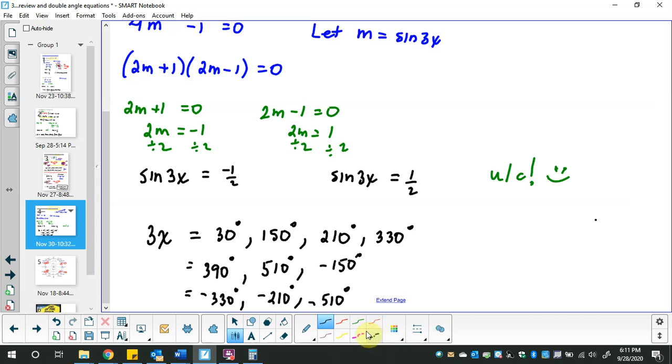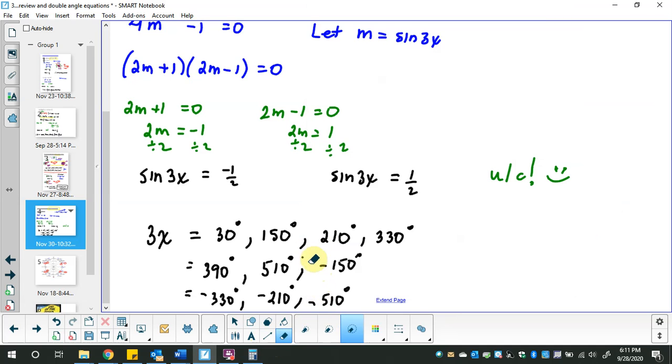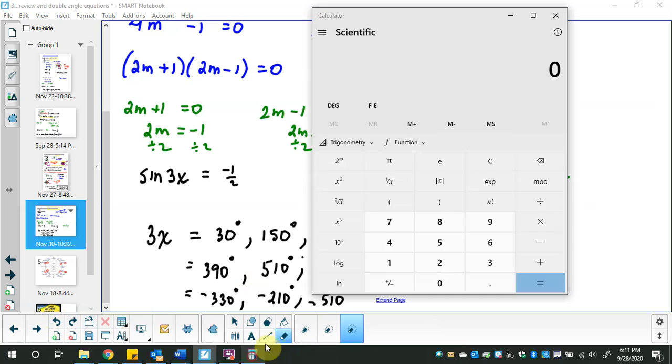Last one is 330. So if we take 330, input it into the calculator, add a rotation. No, too big. 330, subtract a rotation. Yeah, I get to write that down.